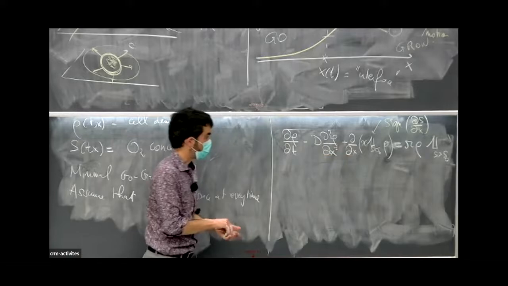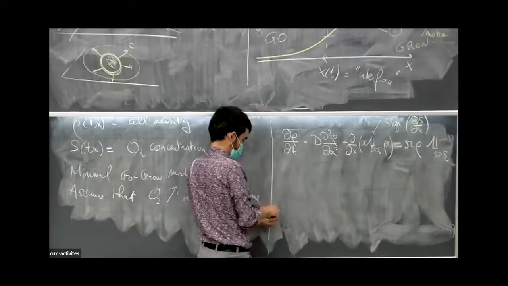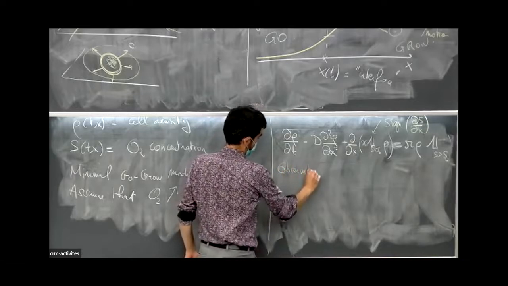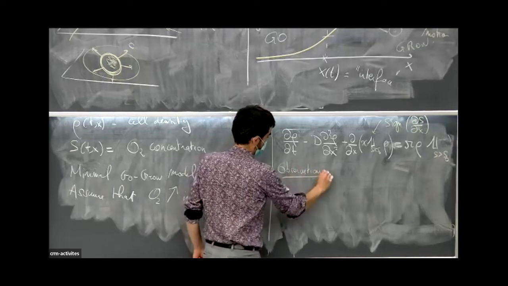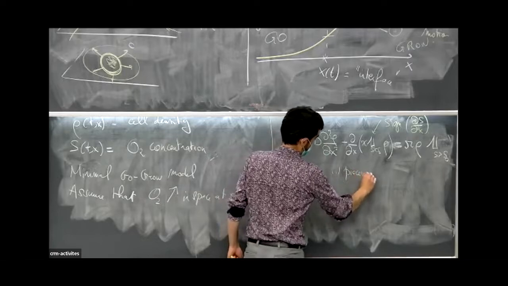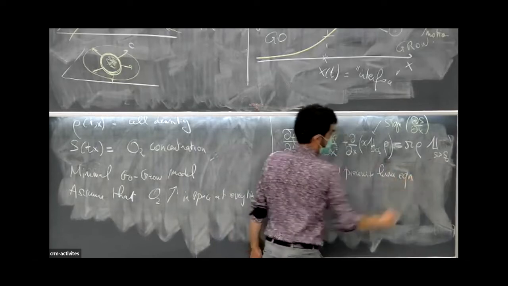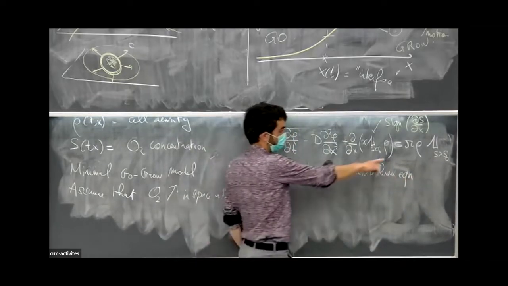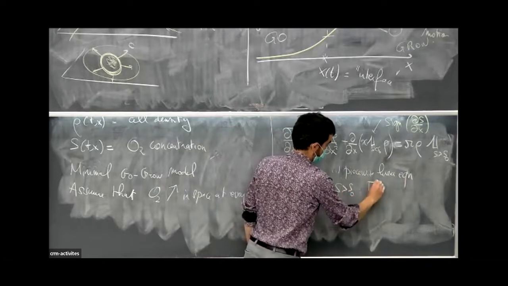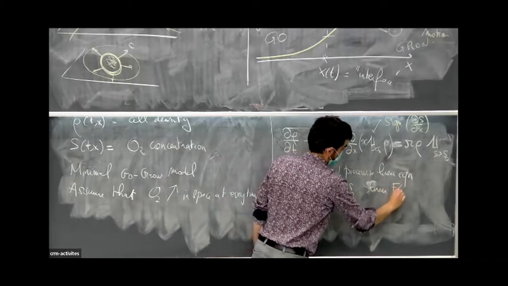So it's piecewise, and a few observations maybe. It's a piecewise linear equation. Either you have S above the threshold, and then you have something which is a linear Fisher-KPP equation.